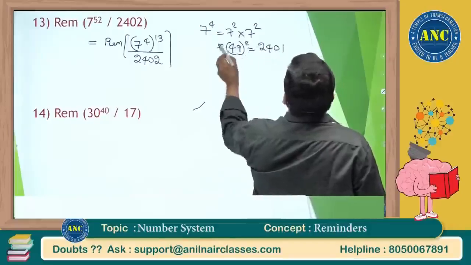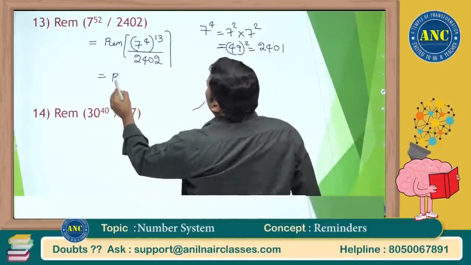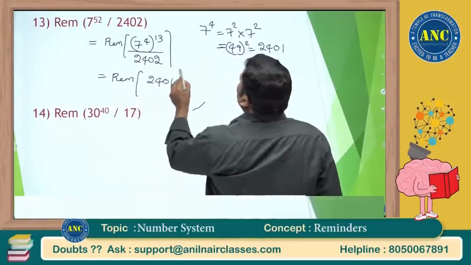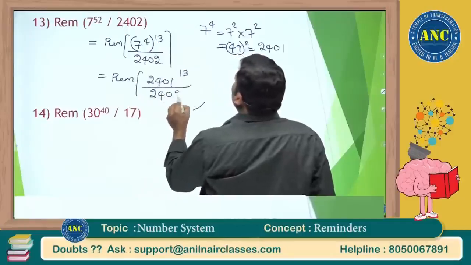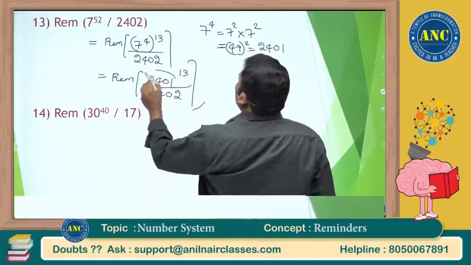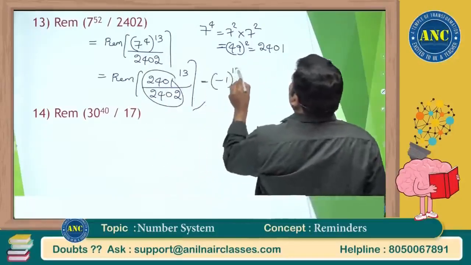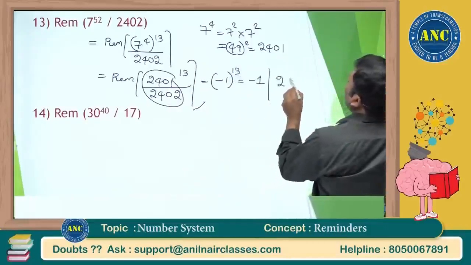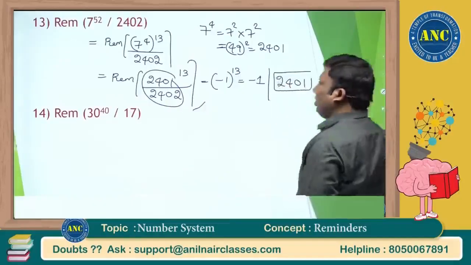So this is nothing but the remainder of 2401 power 13 divided by 2402. 2402 ones are 2402. It is minus 1. Minus 1 power odd is minus 1. If you got a negative remainder, add it with the denominator to get the positive remainder.